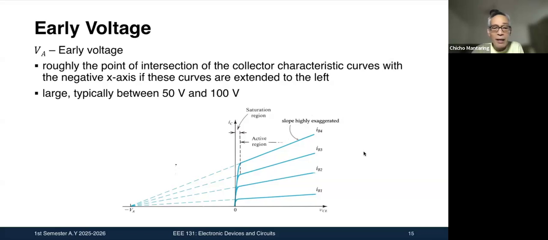Okay, let me ask, maybe just to wake you up. What is better, a small early voltage or a large early voltage? Anyone? Shout out na lang. Anyone? What is better, a small early voltage or a large early voltage?